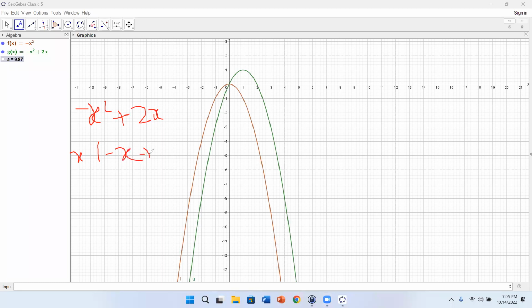Now I have negative x plus 2. So when will this be equal to 0? When x is 2. So the zeros are going to be at x equal to 0.